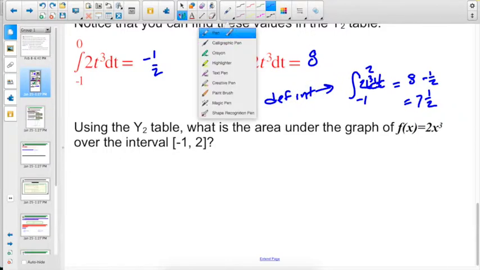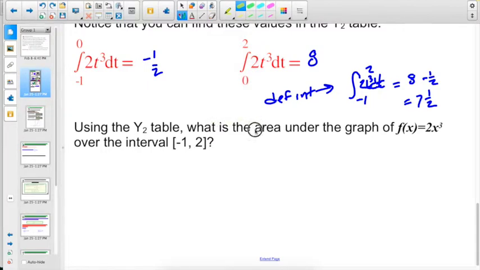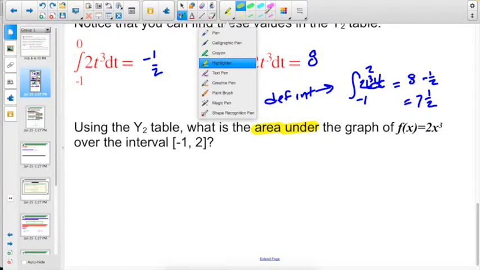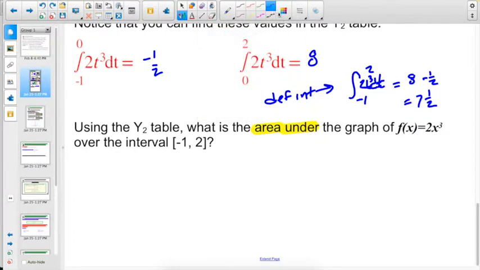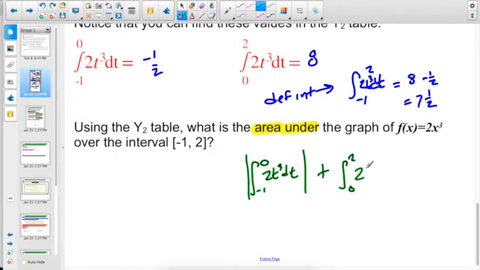The other question we could ask is what happens if we want to talk about the area. And so when we talk about the area, we're really talking about that absolute value amount. So since the integral from -1 to 0 of 2t cubed dt is negative, we're going to take the absolute value of that and add to it the integral from 0 to 2 of 2t cubed dt.